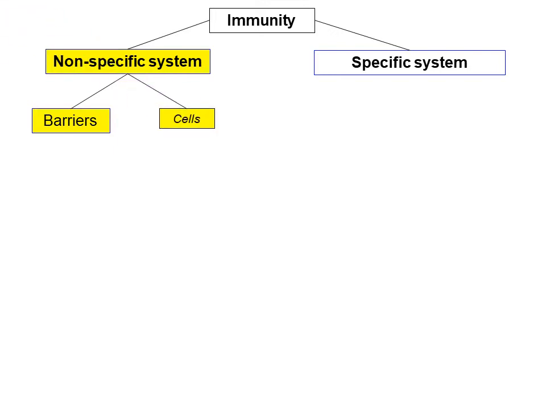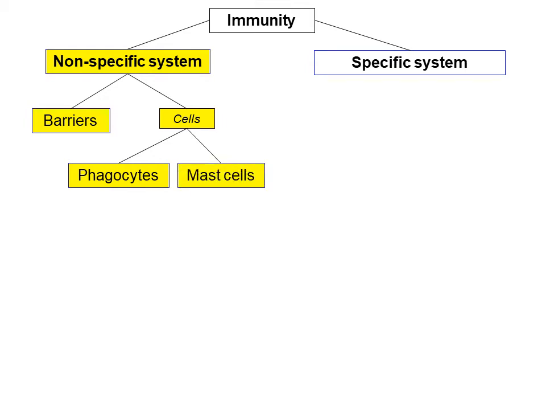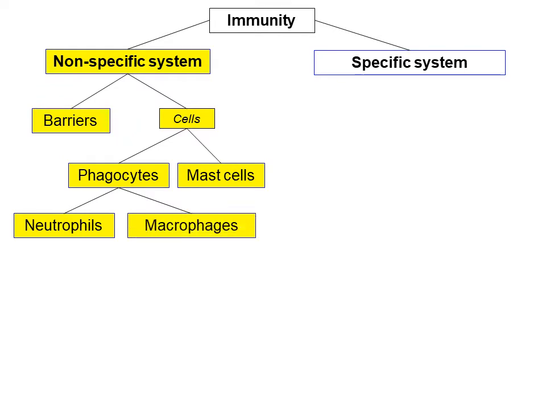And secondly, the way that cells work in a non-specific way to try and destroy any pathogens that do come into contact with our tissues. And these include things like phagocytes, and also another group of cells called mast cells, which you probably won't have heard of before. Phagocytes are divided into another two groups, and these are what we call the neutrophils and the macrophages.